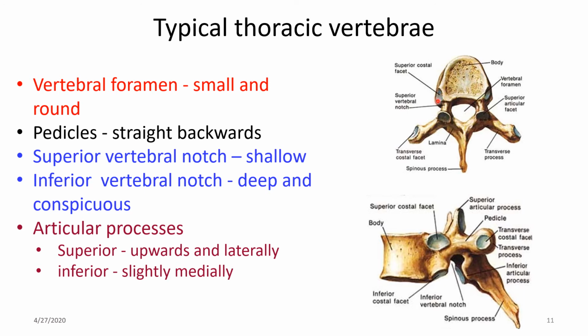Then there is a pair of superior and a pair of inferior articular processes, and if you observe their directions, the superior processes will be directed upwards and laterally, whereas the inferior are slightly medially directed.